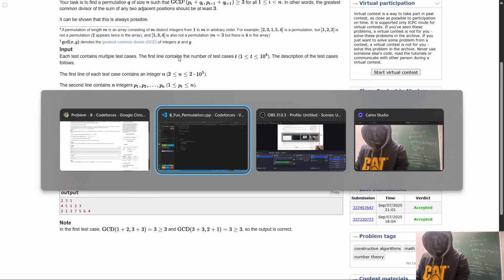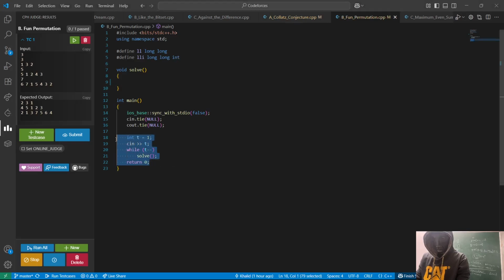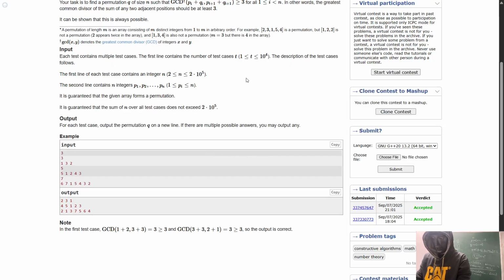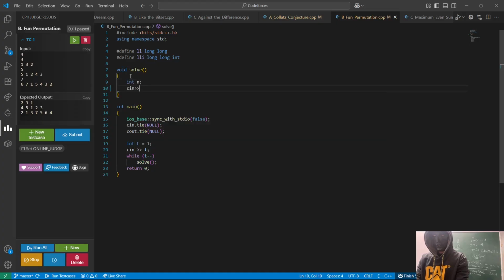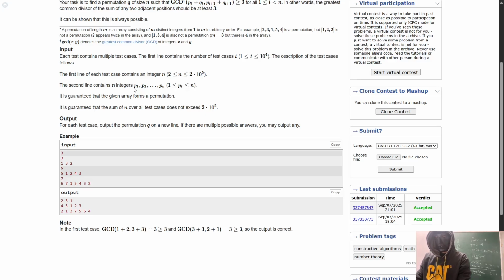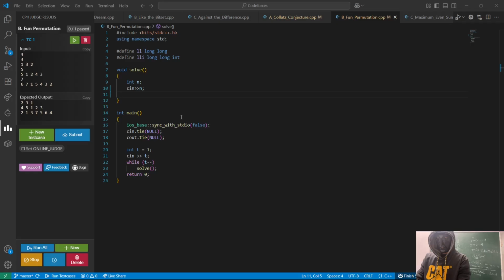So we have test cases. Test cases I have taken care of at this position in the main function, and for every test case we have n. So for every test case I'm calling a solve function. I have n, and we have n elements for which we have to find the q of I element, right? So let me take int p.